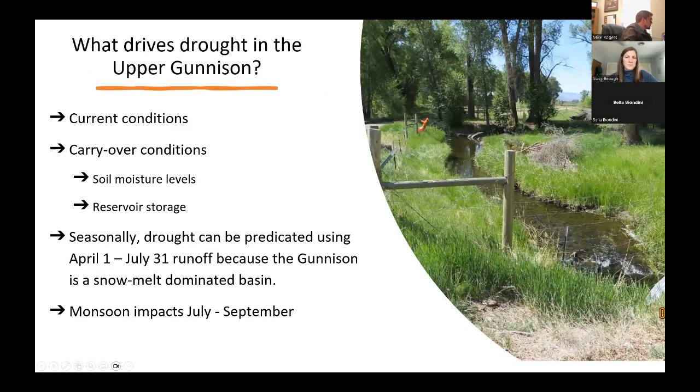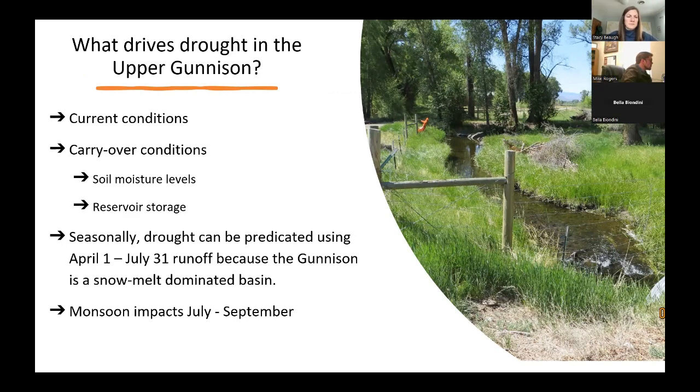Okay. So let's talk a little bit more about what drives drought in the Upper Gunnison. There are probably a couple of different pieces of drought, especially as we move through the water year. So we've got our current conditions. Basically, what are we experiencing on the ground right now? We've got carryover conditions.